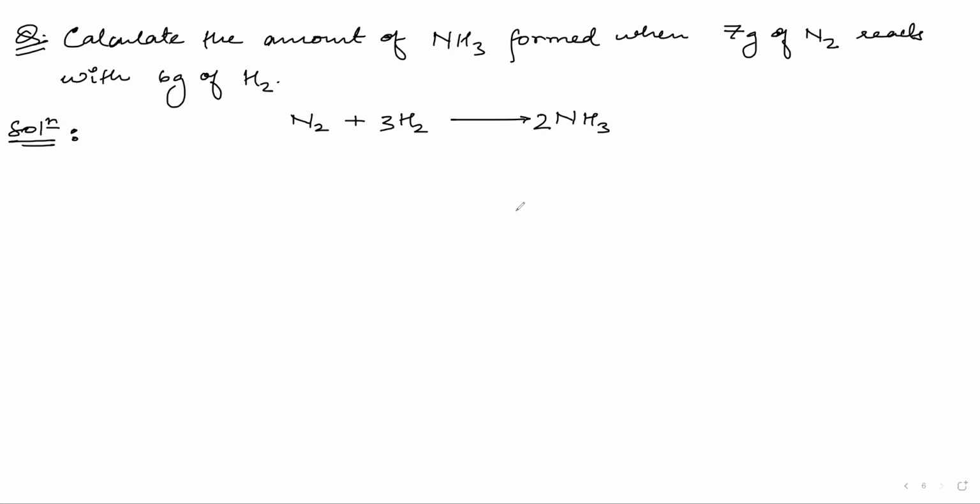The amount of NH3 is 1/2 moles. Correct. And the mass? 17/2. Very good, correct.